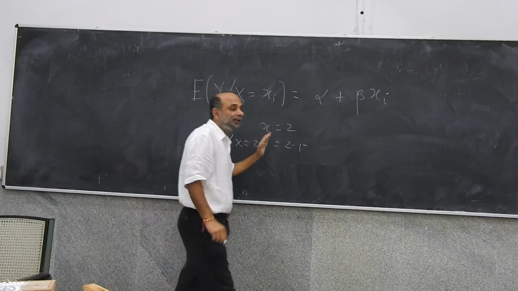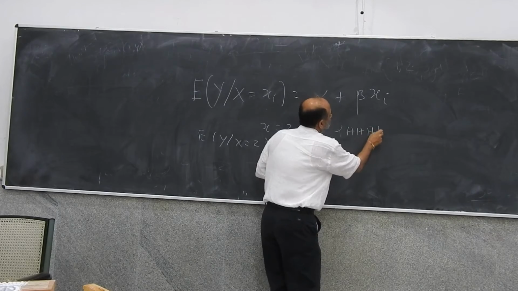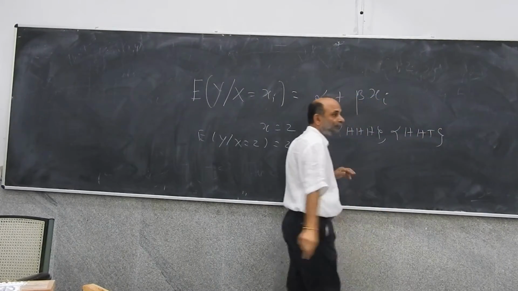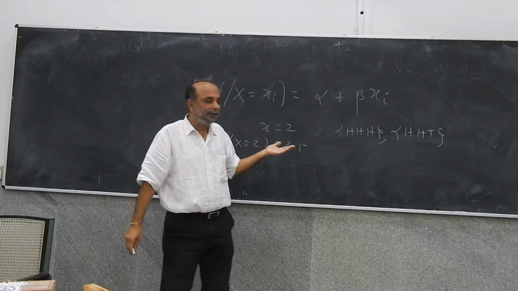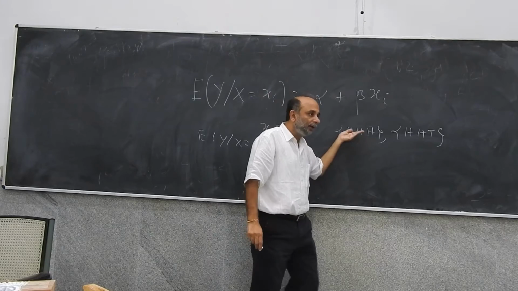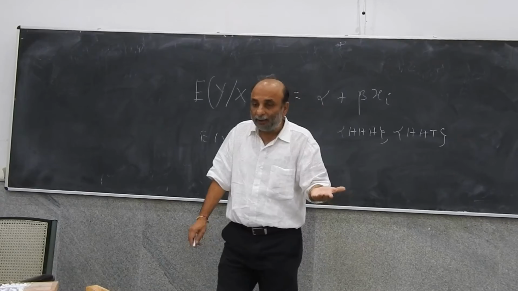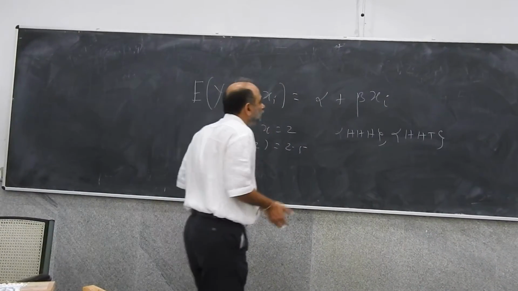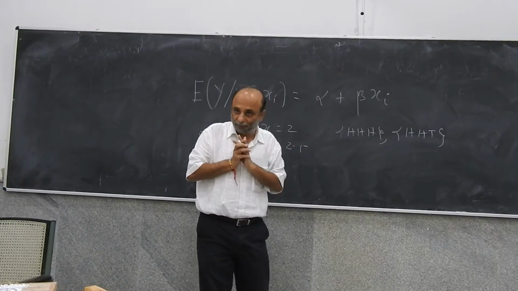Because given x equal to 2, we are looking at the outcomes HHH and HHT, the only 2 possible outcomes. In this case, y takes the value 3. In this case, y takes the value 2. Both the outcomes are equally likely. So the expected value of y conditional upon x equal to 2 is 3 into 0.5 plus 2 into 0.5, 2.5.